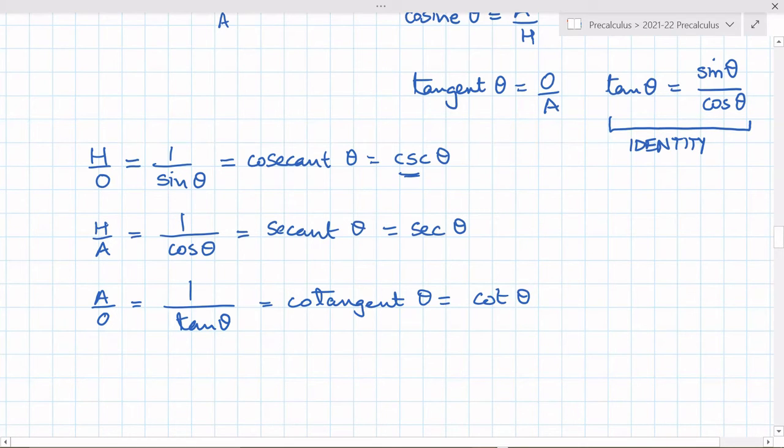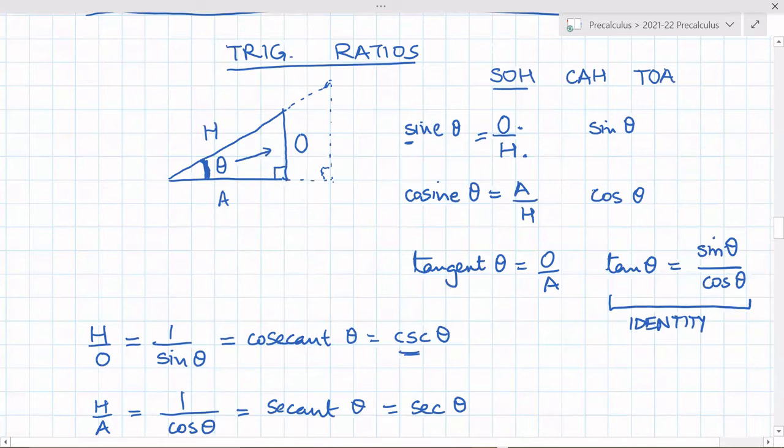Okay, don't be scared or worried about this. As we do this, you'll become more familiar with this and it will all make sense. And the nice thing about these ratios is if you know any one of these, you can figure out all the 5 others. You just need to know one of them to figure out all the other ones.